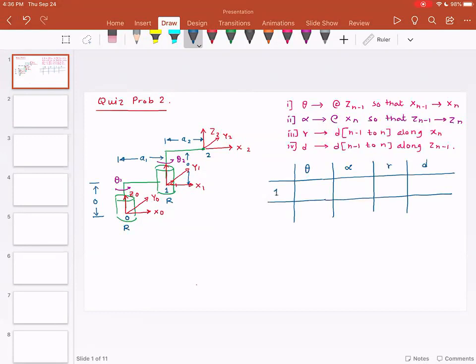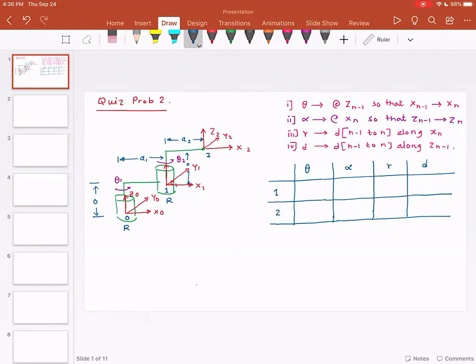So this is each joint. Joint number 1, joint number 2. So please note, I have 3 frames, but the number of rows will be less than the number of frames.